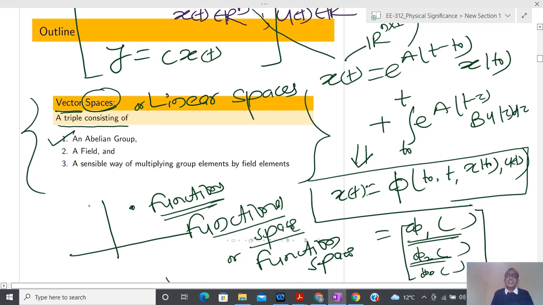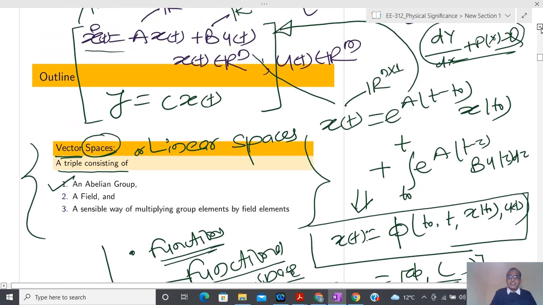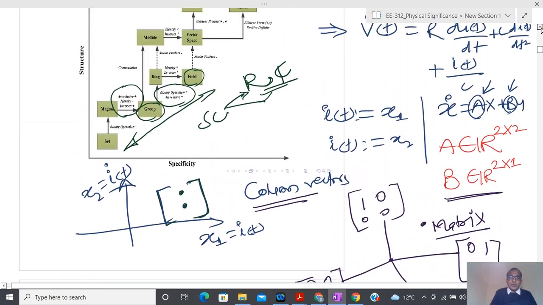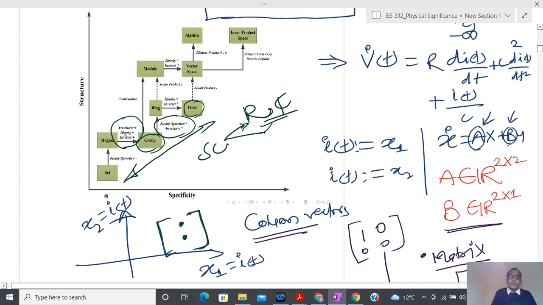I have to make sure of four properties: associativity, identity, inverse, and the closure property should be satisfied. And since we are talking about an abelian group, the commutativity property should also be satisfied.